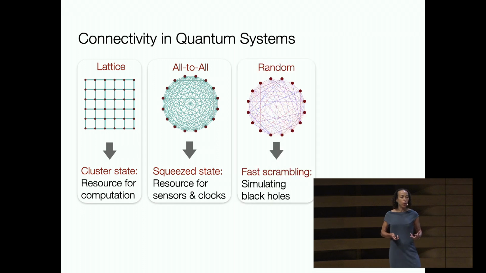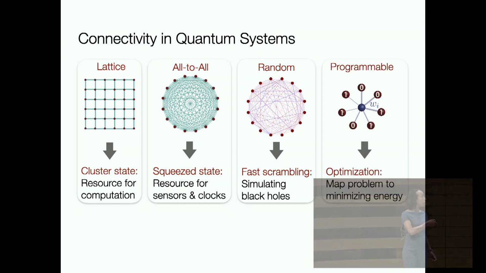If I add some randomness to these interactions, that could be a way of taking quantum information that's initially locally encoded in one qubit and very rapidly allowing it to become hidden in complex correlations and entanglement, in a process that might be a model for what happens to information that falls into a black hole.